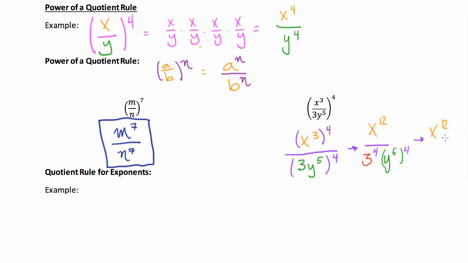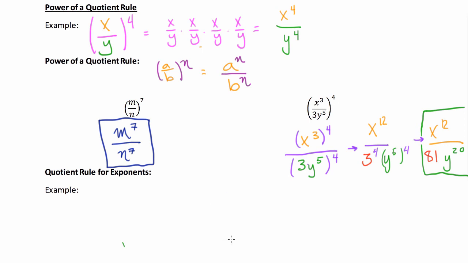In my denominator, I have 3 to the 4th, which is the same as 81. And then my y to the 5th to the 4th, I'm taking something to a power, raising that to a power, so I multiply those exponents, I get y to the 20th. So that's an example, and you'll see some of these in the homeworks, and really they get pretty complicated.